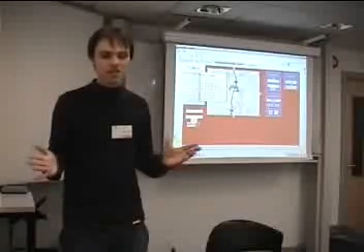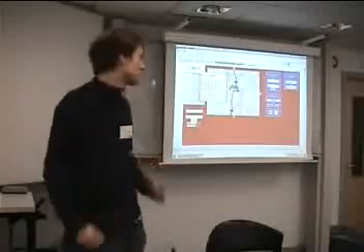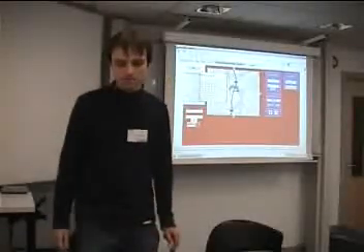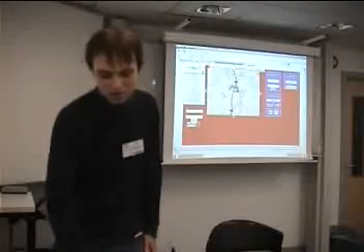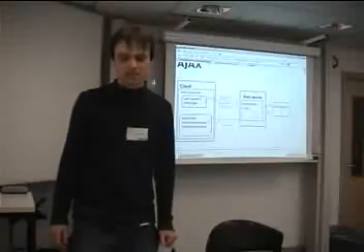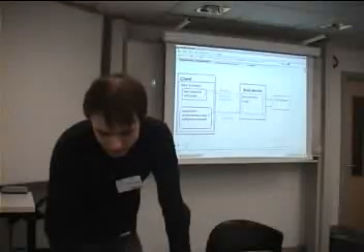Still somewhat in prototype state at the moment, it has to be said, but enough to demonstrate the use of AJAX. So hopefully you can see that it's an example of the sort of interactivity we can do with AJAX.